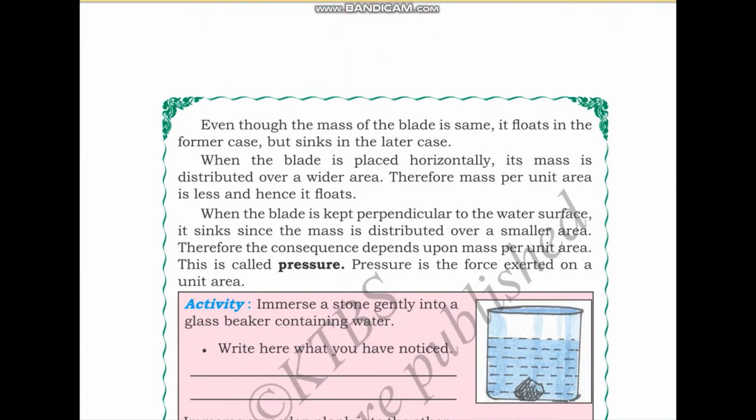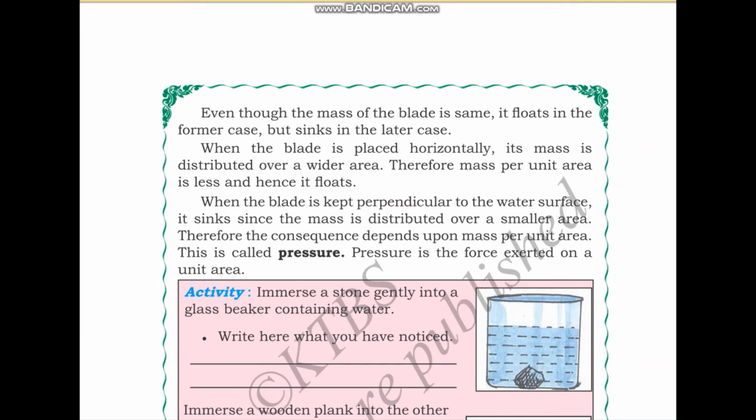That is why the mass per unit area is less and hence it floats. When the blade is kept perpendicular to the water surface, it sinks since the mass is distributed over a smaller area.